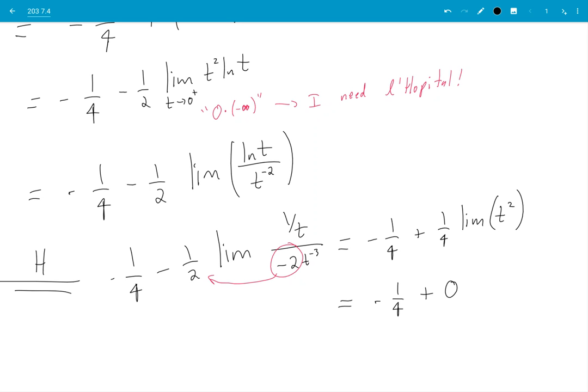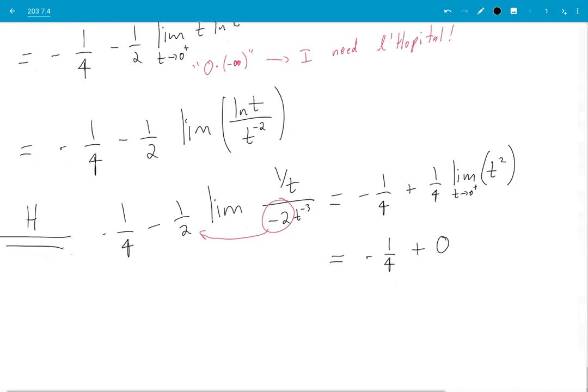So now it's 0, because t is going to 0 plus. So my final answer is minus a quarter.